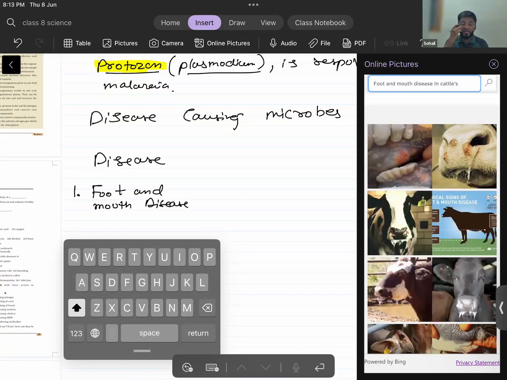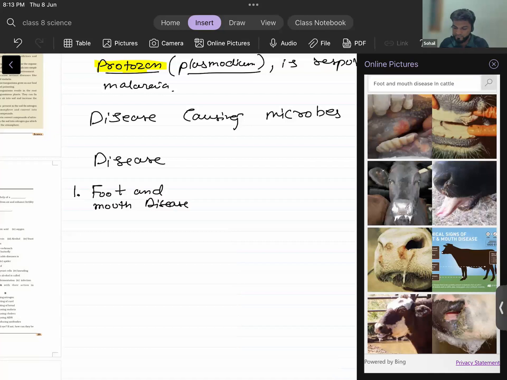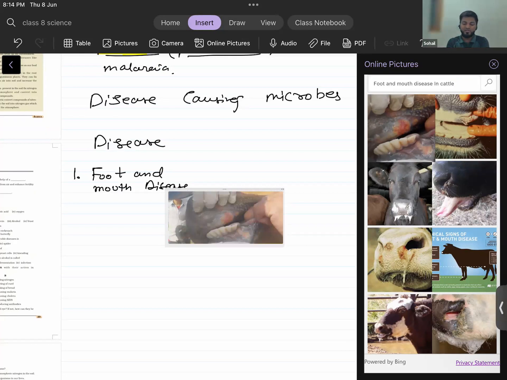Basically, their jaws and teeth have got infected here. The cavity has got infected.